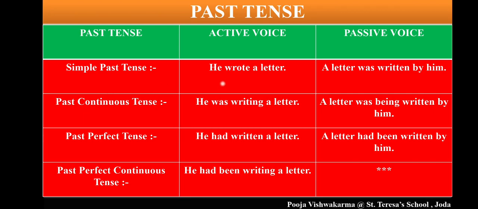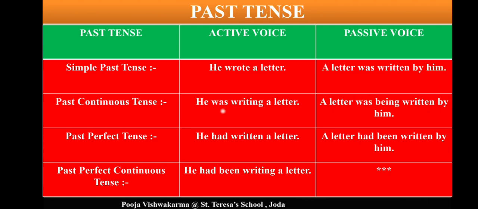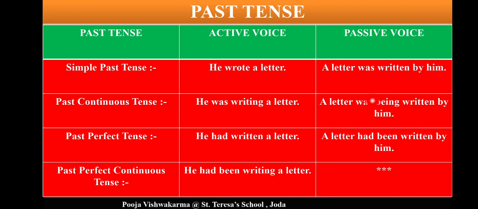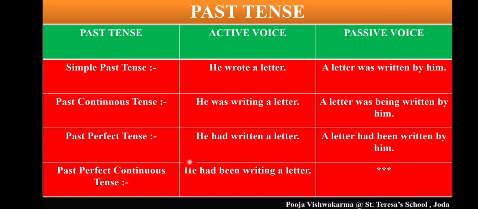Like simple past tense, he wrote a letter. For passive voice, a letter was written by him. Past continuous tense, he was writing a letter. A letter was being written, as we have done in the present tense. In the similar manner, for past tense also we'll be using being here. He had written a letter; a letter had been written by him. For past perfect continuous also there is no passive voice.